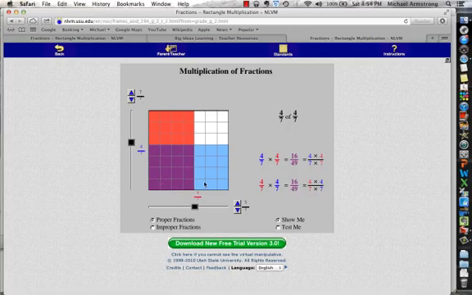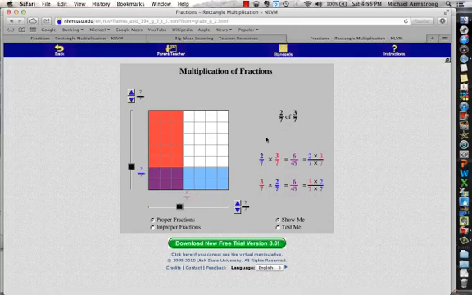Notice this square is 7 times 7, which is 49 little squares, and 4/7 times 4/7 equals 16/49. 4 times 4, 7 times 7. This is a great little tool that's online to help you draw out what fractions of fractions look like.